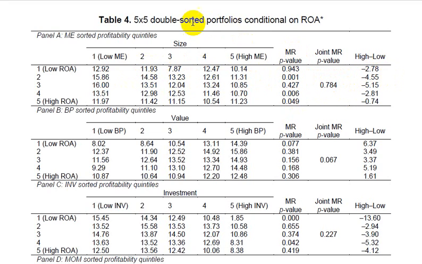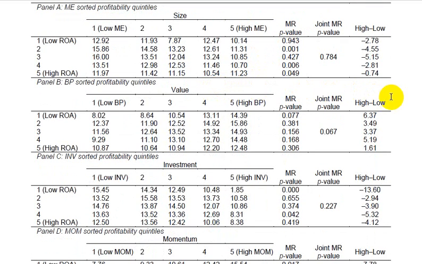So we can say there's not really a monotonic relationship with size when we control for the profitability of the firms. Going down to value, we see that value-oriented companies outperform growth-oriented companies across all levels of profitability, but those don't seem to have a monotonic relationship at all.